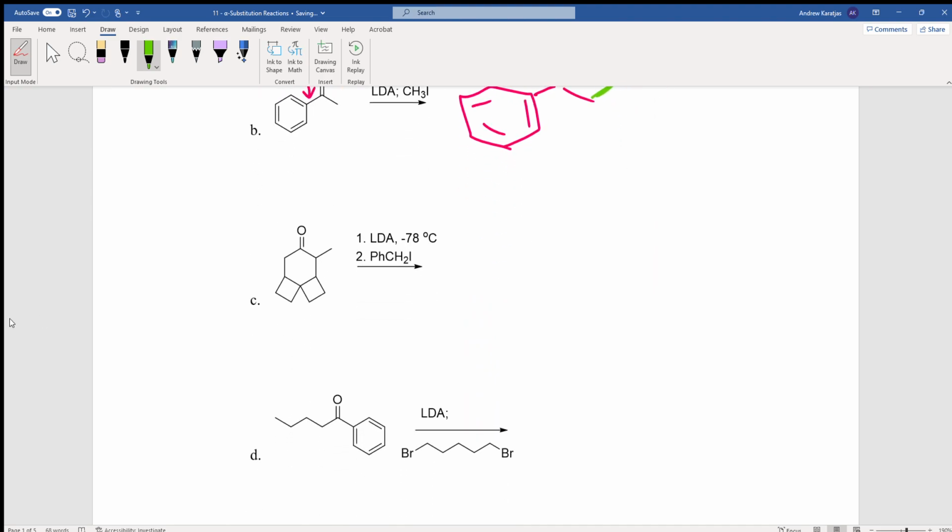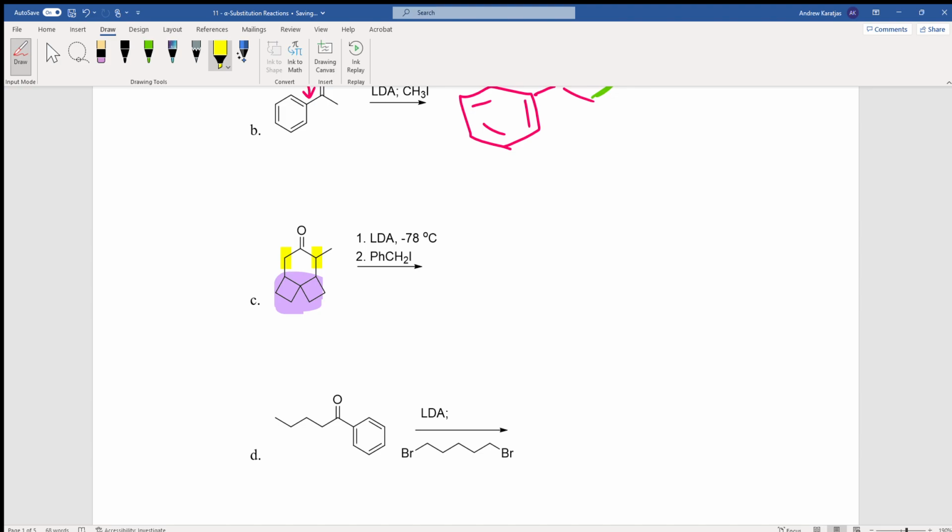All right, part C, we have a more complicated looking compound, but the pieces that make it look strange, this lower part, turn out not to really do anything here. Again, this is an alpha substitution reaction. It has to take place either at this carbon or at this one.